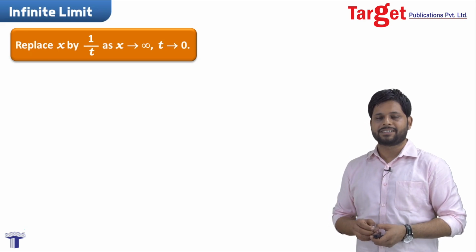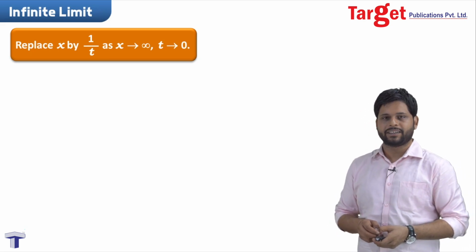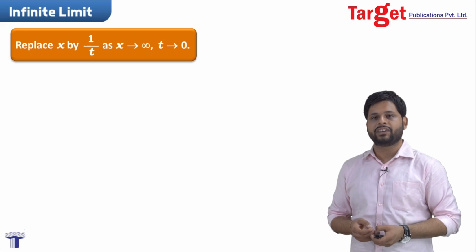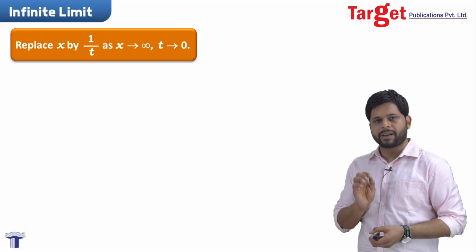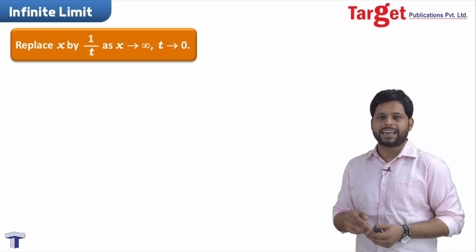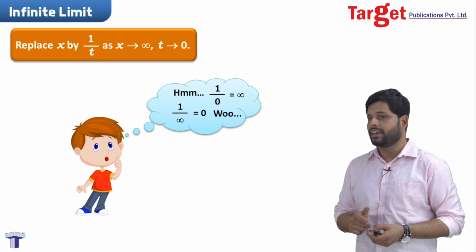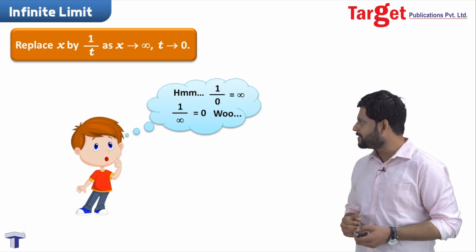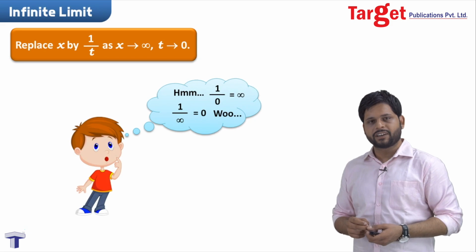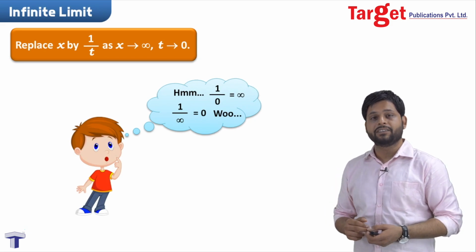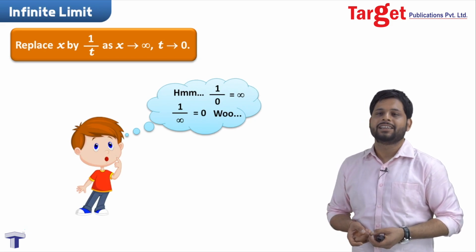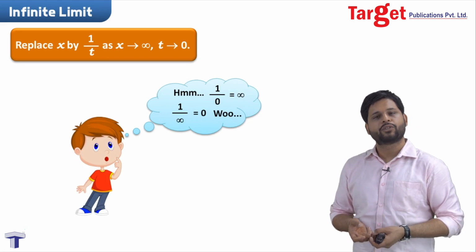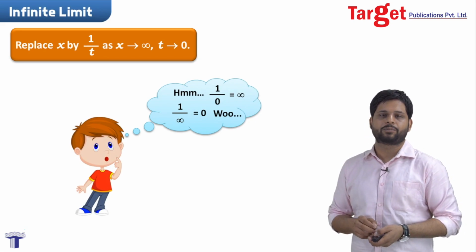The same thing is applied in the infinite limit. Whenever we have a function of x, we replace x by 1 by t, because x is approaching infinity. So if x approaches infinity, then 1 upon infinity becomes 0. That is how we are going to solve such problems.